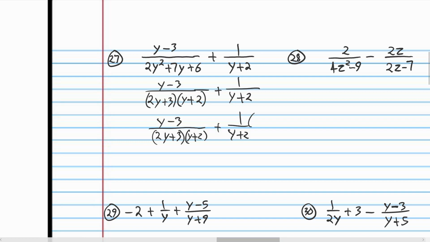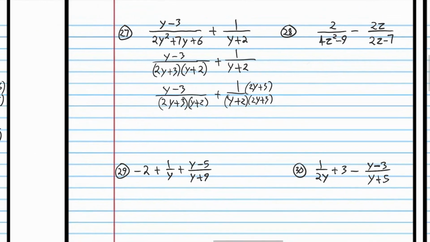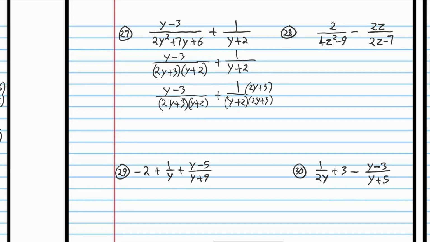So we're going to multiply both sides by 2y plus 3. And we're going to put those parentheses around the y plus 2. And we have 2y plus 3 over y plus 2 times 2y plus 3.